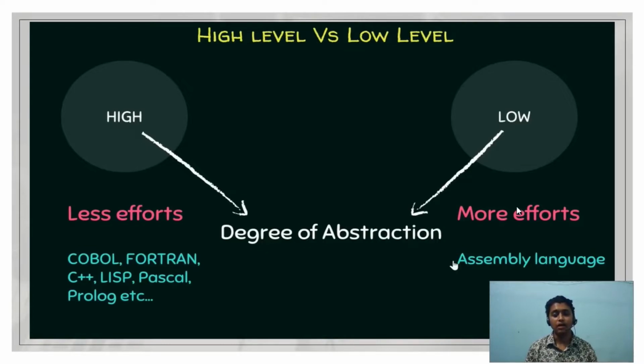On the other hand, a lower degree of abstraction means more effort for the user. In this case, you have to know each and every internal detail about the computer. Examples of high level languages are COBOL, Fortran, C++, C, etc., and the example of a low level language is assembly language.